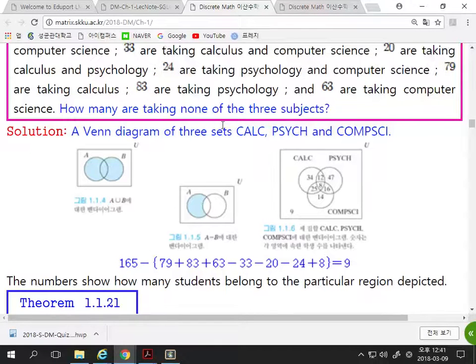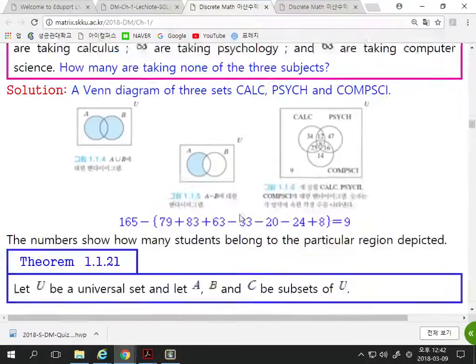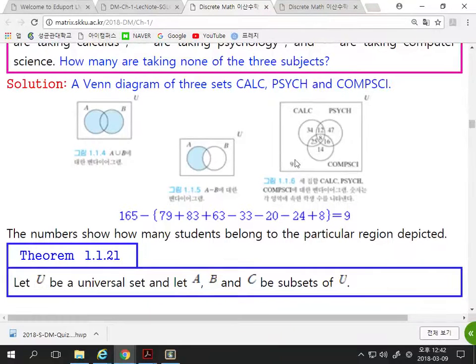So first, what we are looking for is this complement here. So we find the union of these three sets, and then subtract this number from the whole student body. Then we will have 9 here, like this.